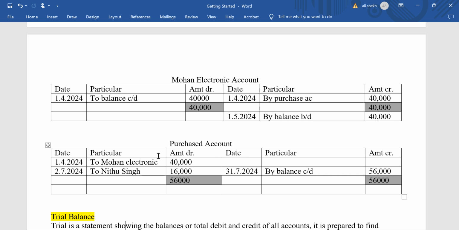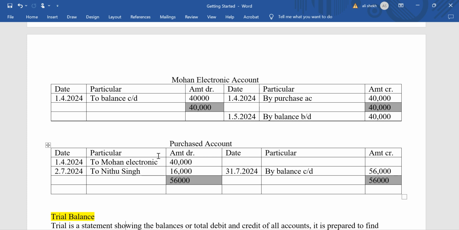When you prepare the purchase account, we will write the entry on the debit side of the purchase account, but with the opposite name. Suppose purchase from Mohan Electronics, so to Mohan Electronics 40,000.